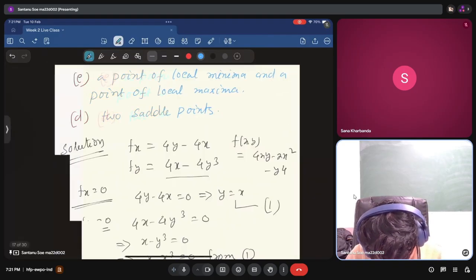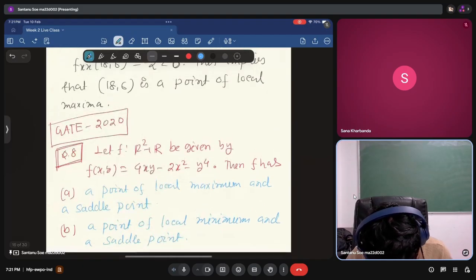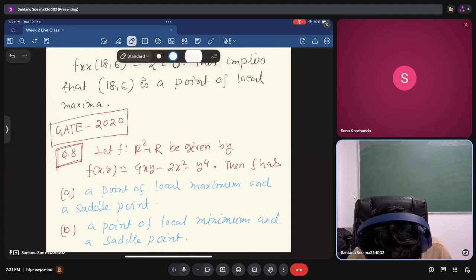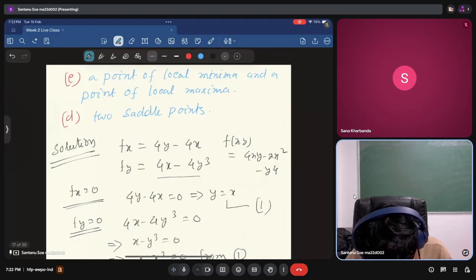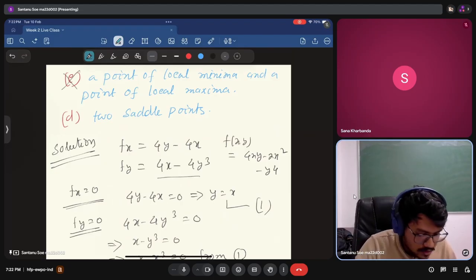So according to the options, the first one was a point of local maximum and a saddle point. So yeah, this is true because we already have two points of local maxima. So this is a correct option. A point of local minimum, no, this is not correct. The third option, a point of local minima and a point of local maxima, is not true because we have not got any point of local minima.